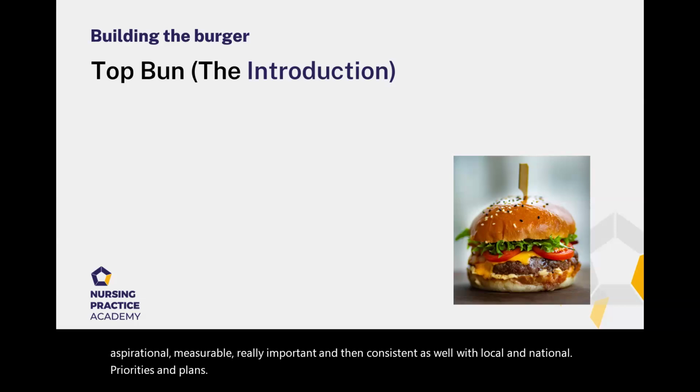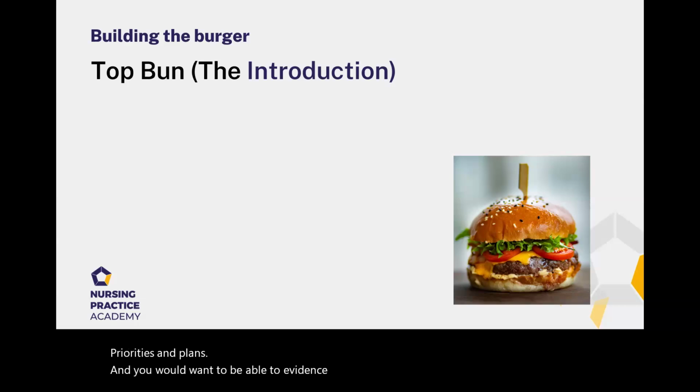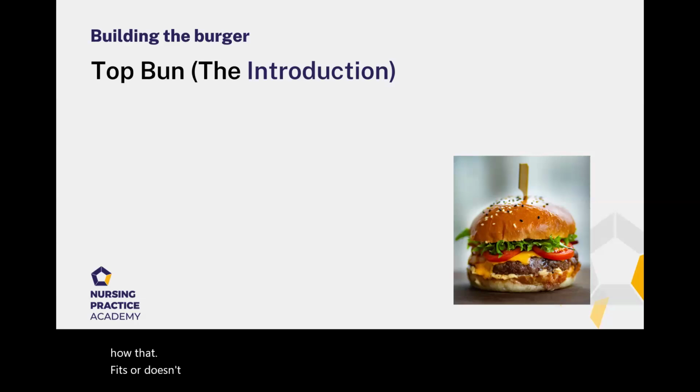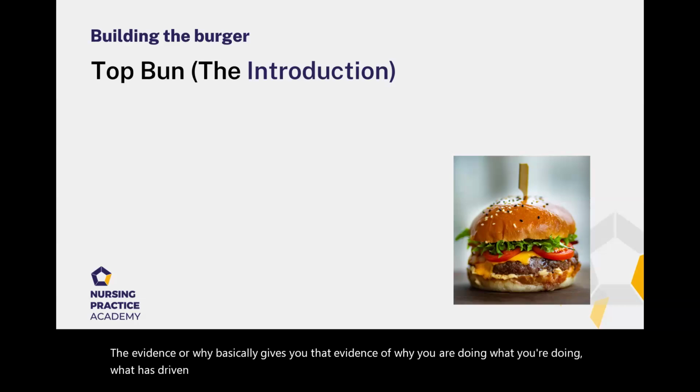You would want to be able to evidence that in your introduction and make any necessary references to highlight how that is consistent with local and national priorities, or how that fits or doesn't fit with the evidence. That gives you the evidence of why you are doing what you're doing, what has driven you to select this area, and the real why.